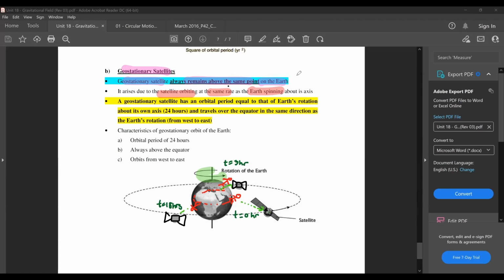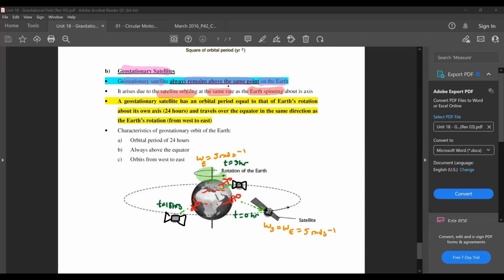If your Earth is rotating with a certain angular speed, let's say an arbitrary value of 5 radians per second, this is the angular speed of your Earth spinning. The angular speed of your satellite must be the same as the angular speed of your Earth, which is in turn 5 radians per second.